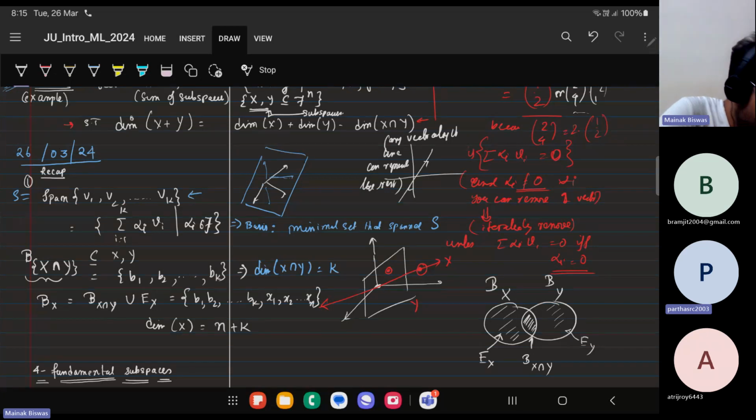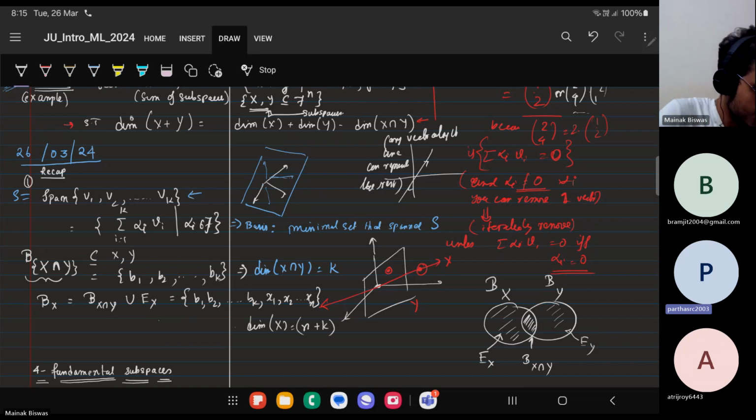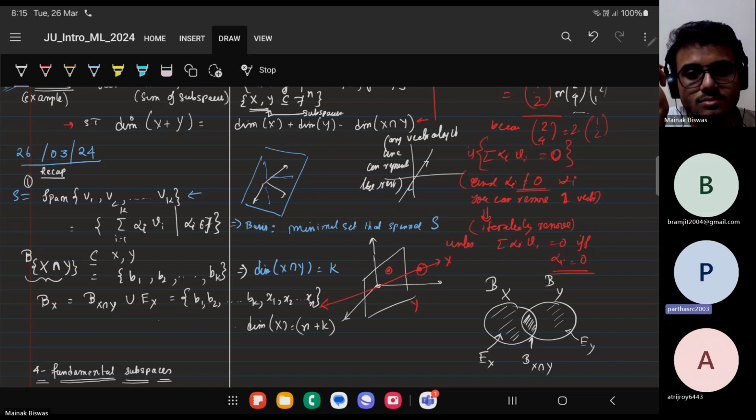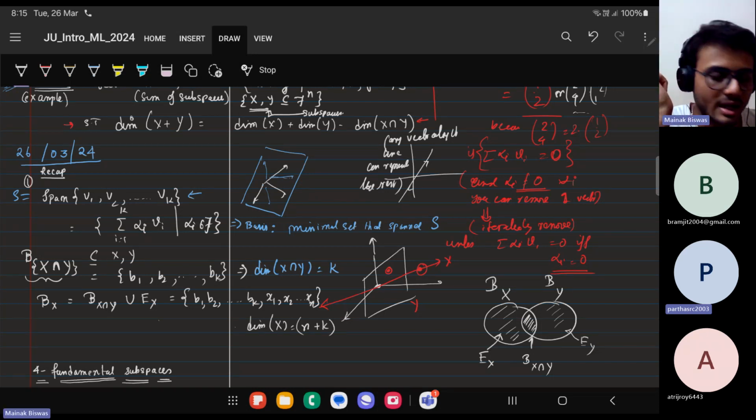Over here, I didn't understand what this thing means, B of X intersection Y, and E of X, the one you added in. I didn't get it.